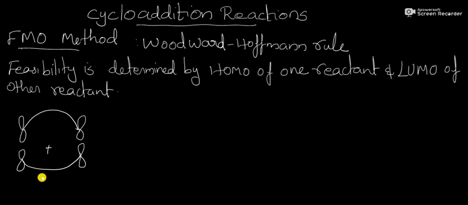Here two reactants approach together from parallel planes, not from the same plane. And if these two orbitals approach from the same side, this is same side approach and this is same side approach.